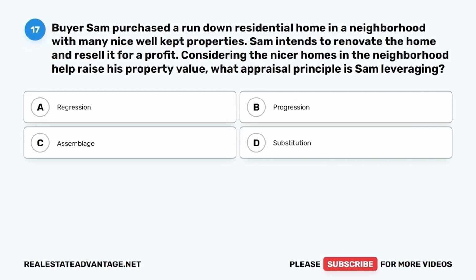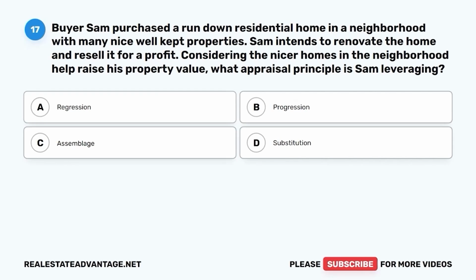Question 17. Buyer Sam purchased a rundown residential home in a neighborhood with many nice, well-kept properties. Sam intends to renovate the home and resell it for a profit. Considering the nicer homes in the neighborhood help raise his property value, what appraisal principle is Sam leveraging? A. Regression.